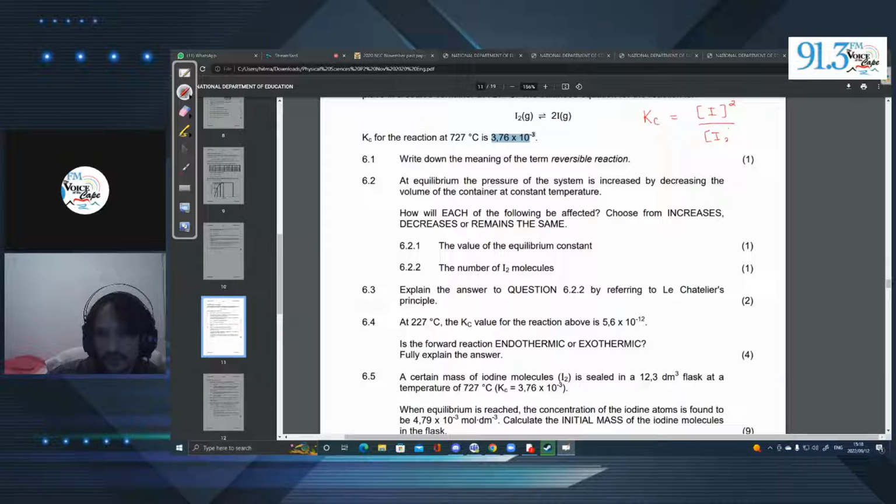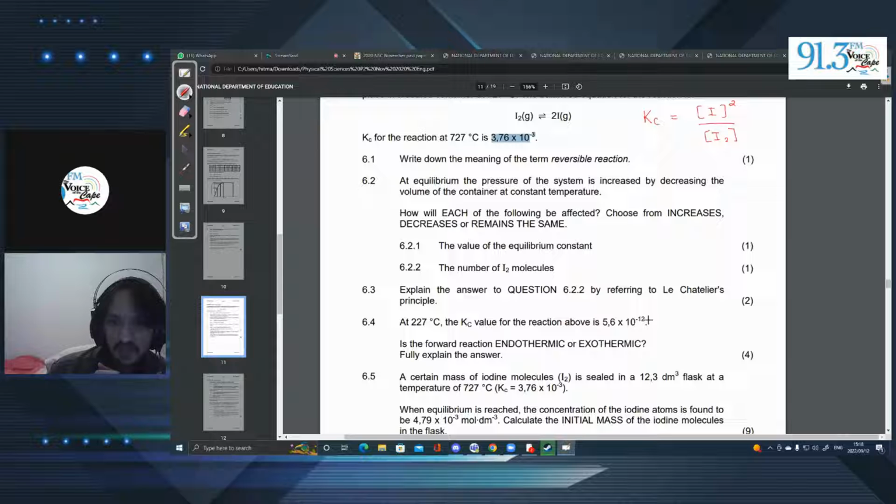Products and reactants. So let's think about this. If we want to decrease our Kc, if we want to make it 5.6 times 10 to the minus 12, we need to form more of this iodine over here. We're going to need to make more of these because we want a small number divided by a big number to get this value, which is really tiny. Look, it's times 10 to the minus 12.